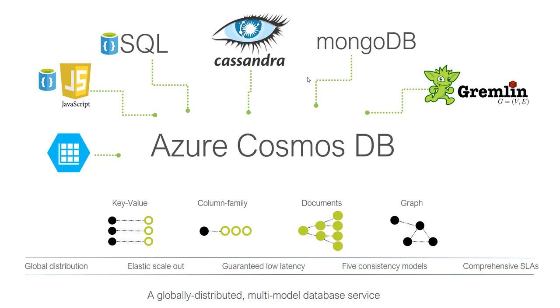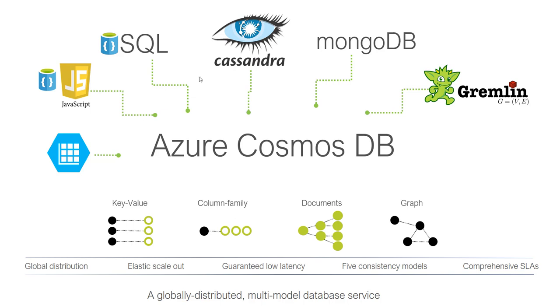You just move your data from Mongo to Cosmos DB and keep using the same application by just changing a connection string. You change the connection string from Mongo to Cosmos DB and everything should work as is, because we are fully compliant with the wire protocol of Mongo, Cassandra, and Gremlin. So for Cassandra, Mongo, and Graph users, you don't have to learn anything new.